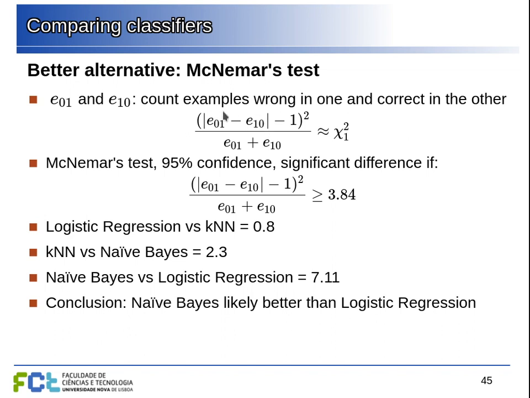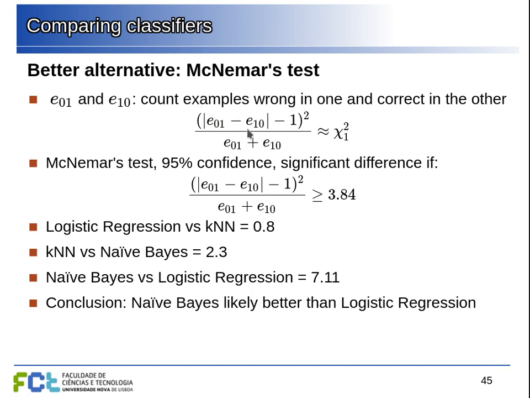So McNemar's test uses this distribution here: this is the number of examples that are wrong in classifier 1 but correct in classifier 2. This is the other way around: they are correct in classifier 1 and wrong in classifier 2. We take the absolute value of the difference between them, minus 1, and then square it, and divide by the sum of these.